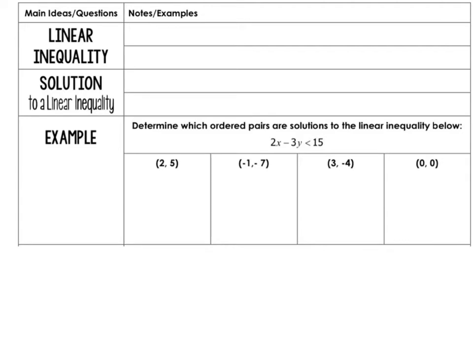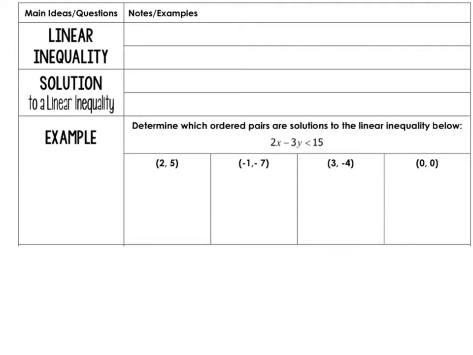Now we can determine which ordered pairs are solutions to certain inequalities by just substituting in the x and the y. In this example, we're going to substitute in and make sure that the statement is true. Whatever the left is should be less than 15 when we plug in 2 for x and 5 for y.